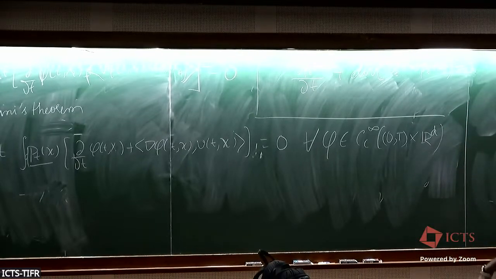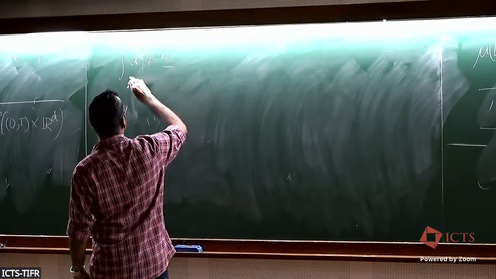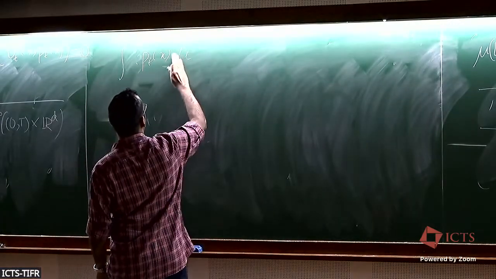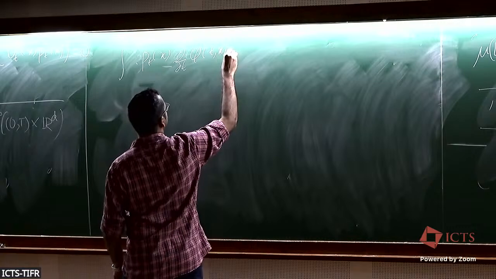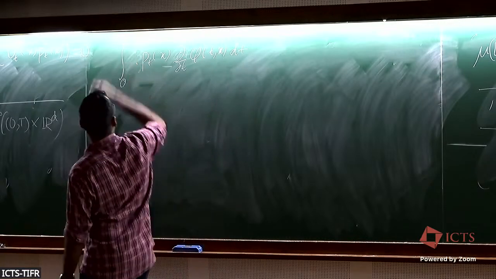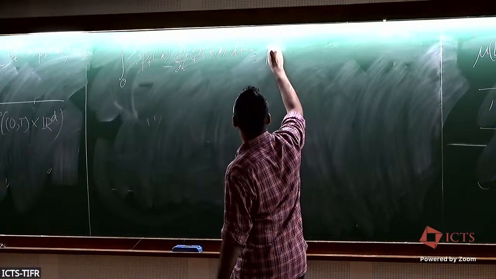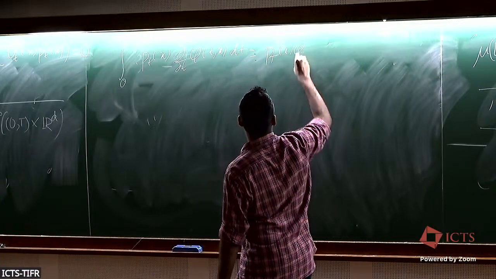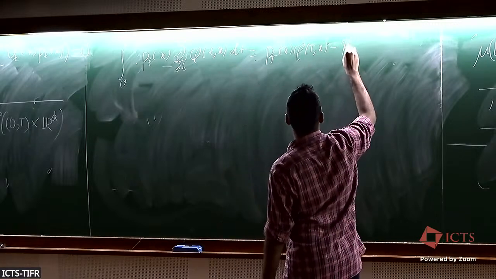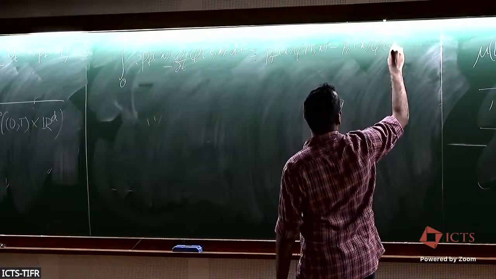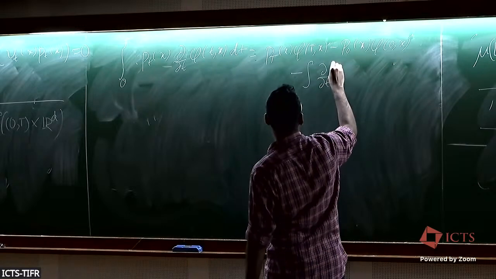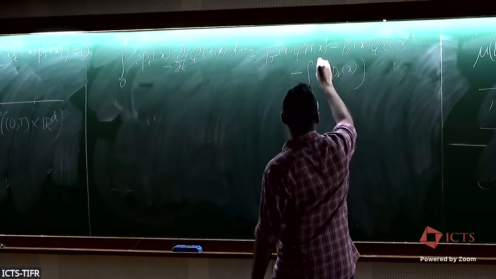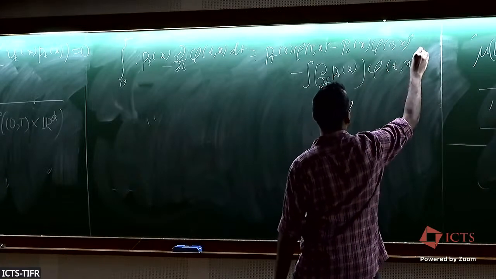So now we have this integral of pt(x) times ∂/∂t φ(t, x) dt, integral from 0 to T. We know that this must be equal to pT(x) φ(T, x) minus p0(x) φ(0, x) minus the integral of ∂/∂t pt(x) times φ(t, x) dt.